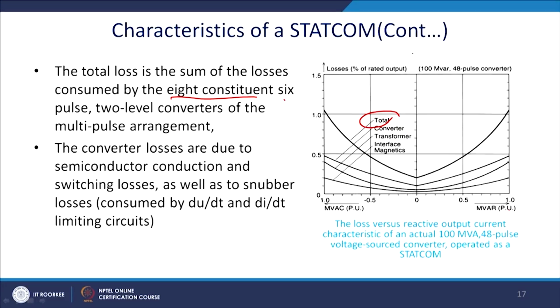So, this is basically the 0 voltage operation, this is 0 current operation here, and here it is plus MVAR and here it is minus MVAR. So, it can compensate both inductive as well as capacitive. Converter losses are due to the semiconductor conduction, switching losses as well as the snubber losses and dV/dt and dI/dt losses.